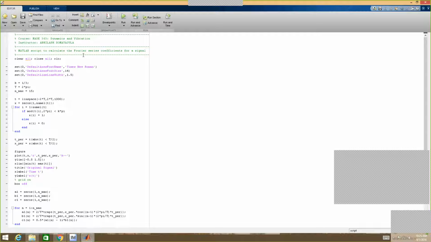Okay, let's try to increase the font here. How do I increase the font?